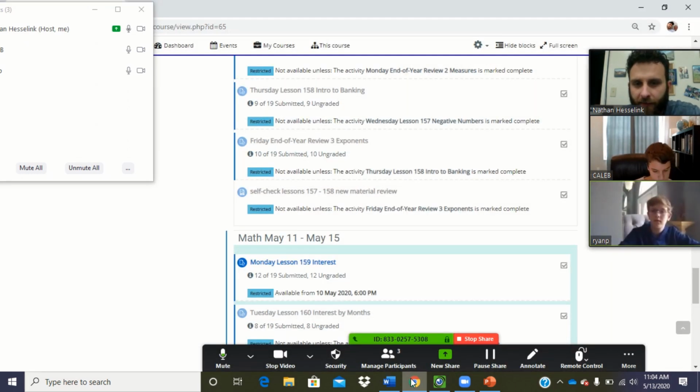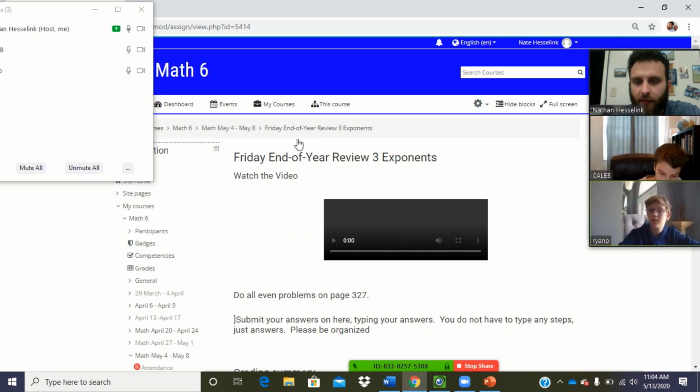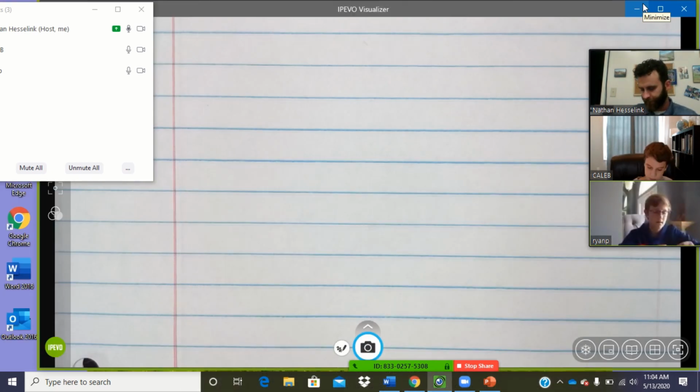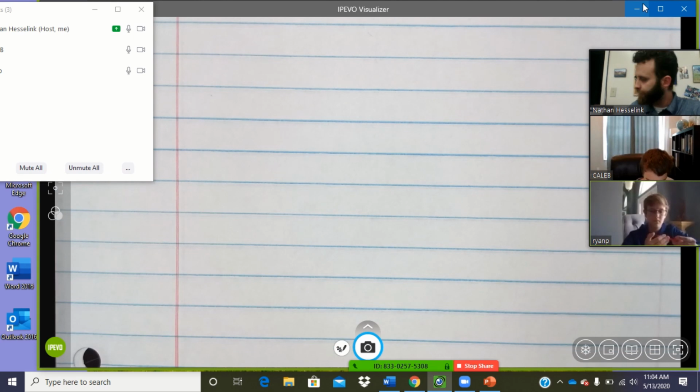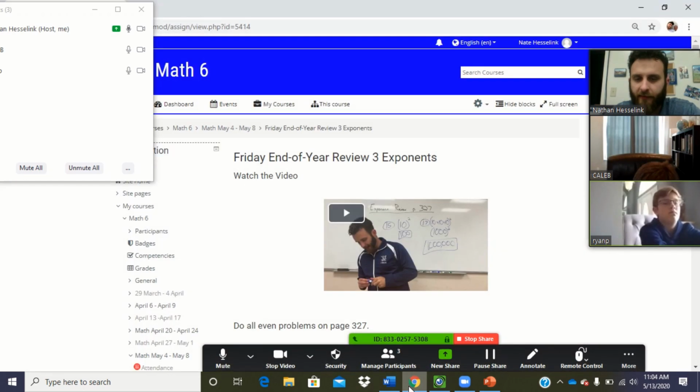End of the year review, 3 exponents, page 327. So we'll look at page 327 here. This was done last Wednesday, I do believe, so about a week ago.